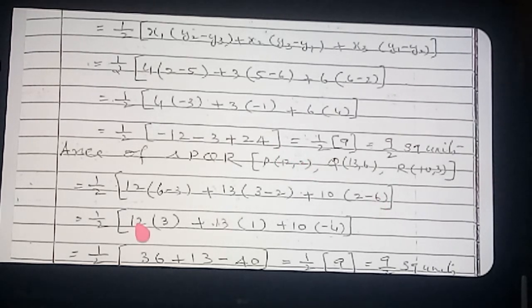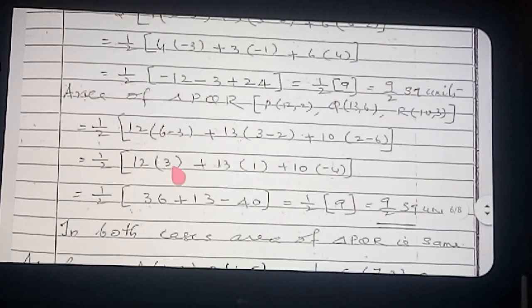Okay, so here 3, 13 into 1 and 10 into minus 4. So 12 into 3, 36, plus 13, minus 40. Okay, so 36 plus 13, how much is coming? 49. 49 minus 40, how much will come? 9. So half of 9 means 9 by 2 square units.